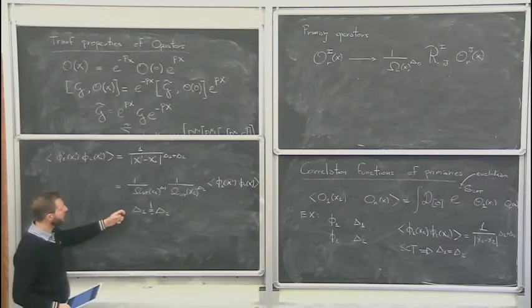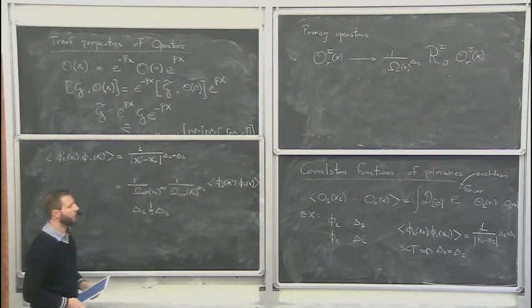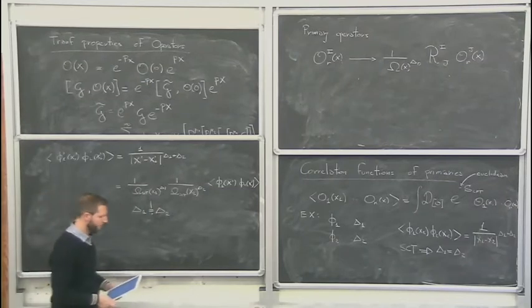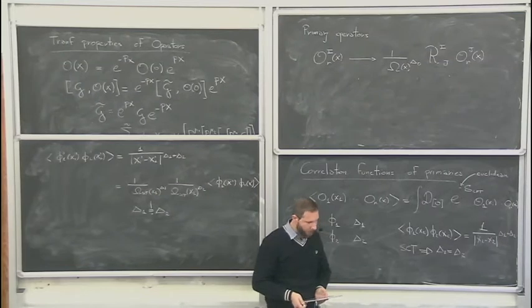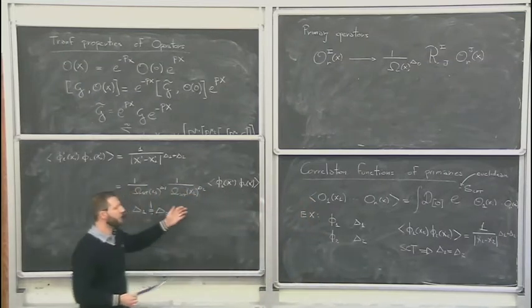If this is not the case, then this equality cannot hold for any value of x1 and x2. Okay, so for the two-point function, this is very simple.